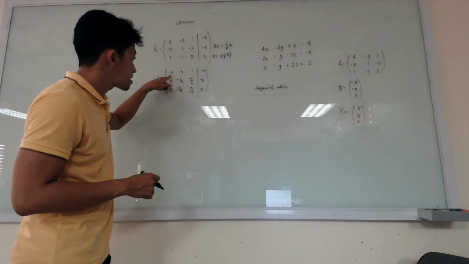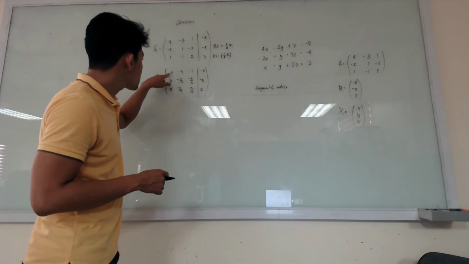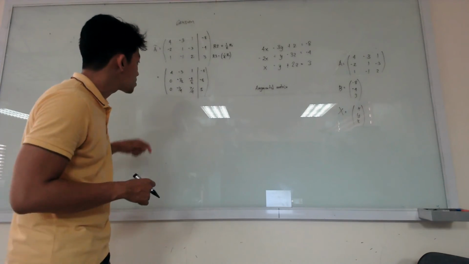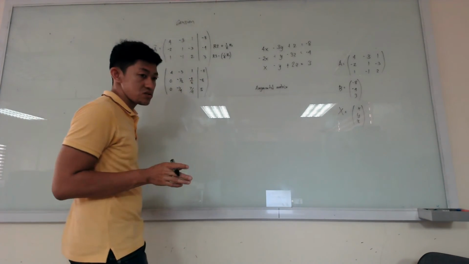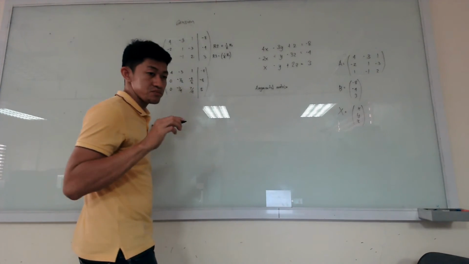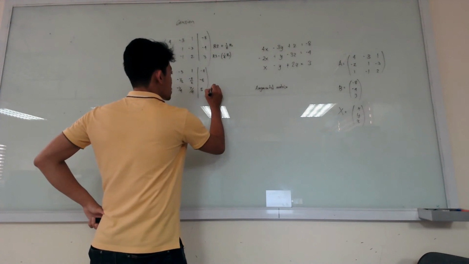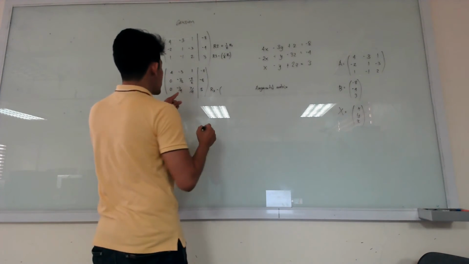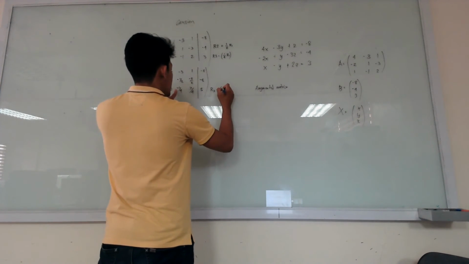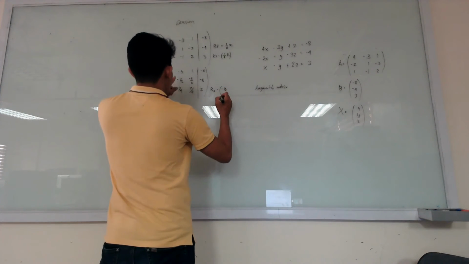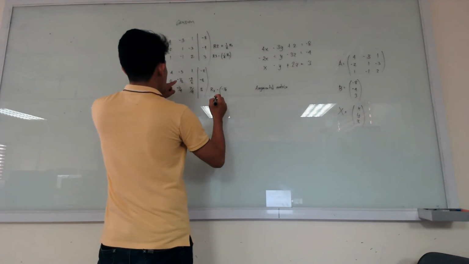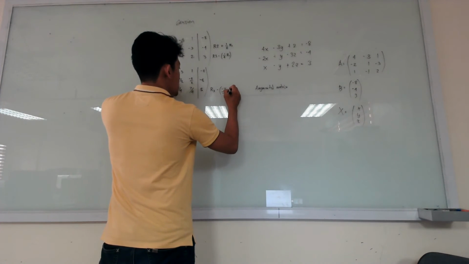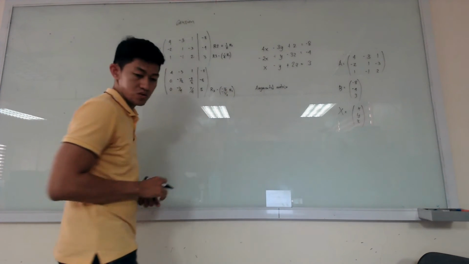Kung mag-add ka og something dire, dili ani ma-0. So row 2 imong gamiton. So ang procedure nimo is row 3 minus negative 1/4 over negative 1/2 R2. Okay?